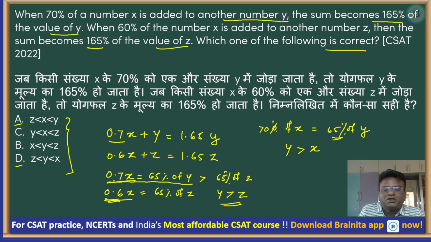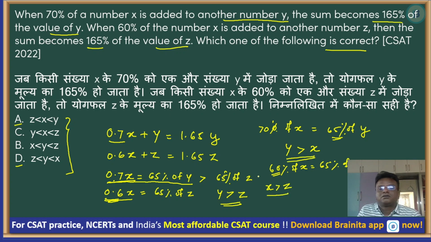What do we know from this equation? 60% of X is equal to 65% of Z, right? Wherever that number is smaller, that number is bigger. So we can conclude that Y is greater than X, X is greater than Z. That's our answer. That's A.